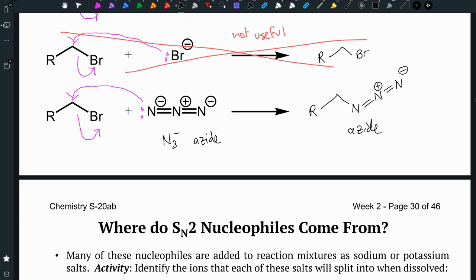These things are very reactive. So oftentimes we will replace an alkyl halide with an azide, and then there'll be some subsequent reaction. I'll show you in a little bit what we can turn this into that might be more useful to us. So this is not usually a final product. But it can be a useful intermediate in a synthesis.